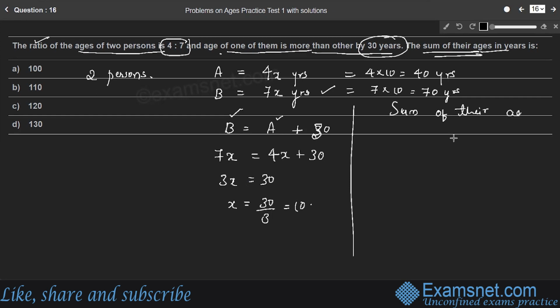Sum of their ages is A's age 40 years plus B's age 70 years. Therefore, it is 110 years. So the age gap between A and B is 30 years, B is 30 years older than A. Therefore, the sum of their ages is 110 years. Hence, option B is the right answer.